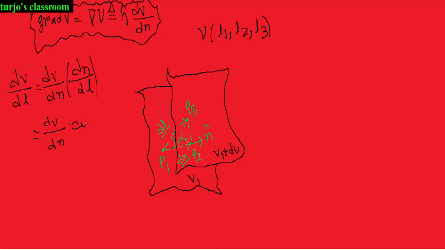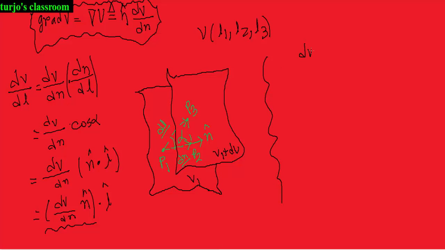So now from the figure we see that by simple trigonometry dn by dl turns out to be cos alpha, and as we all have gone through dot products, cos alpha can be written as cap n dot cap l. Here cap n is the unit vector along dn vector and cap l is the unit vector along dl vector.